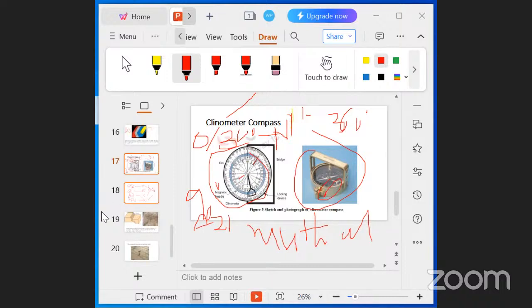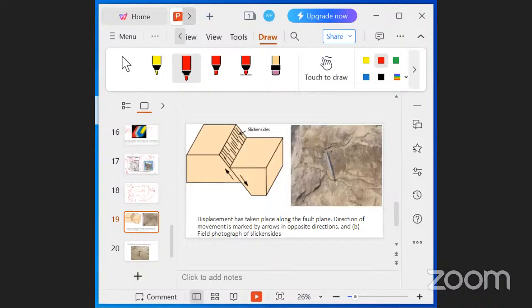Now, how to measure the strike and dip of an inclined bed. Right? We have the following procedures to measure the strike and dip of the bed.